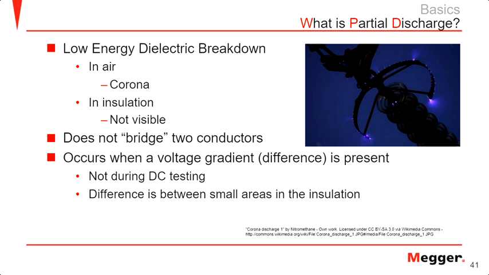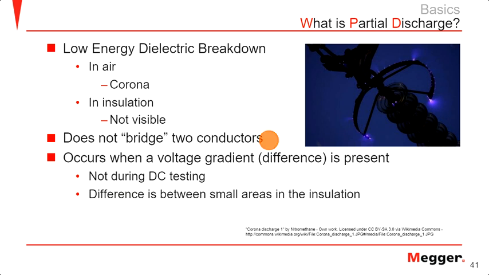So, what is partial discharge? It is a low energy dielectric breakdown, whether in air, that is corona, that you see in the picture here. It is a lot more visually appealing to see, versus in an insulation, where it is not visible, because it's happening inside a void or a discharge between the insulation, which you cannot physically see because it's all internal to the insulation.